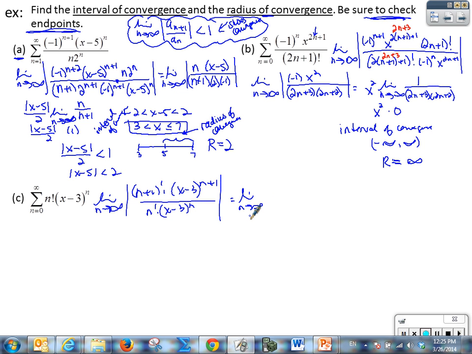Let's work on the factorials first. So I have n plus 1 factorial over n factorial. What is that going to simplify to? Just to n plus 1, right? And let's work on the x minus 3 terms. I have an x minus 3 to the n in the denominator and x minus 3 to the n plus 1. What's that going to simplify to? X minus 3 in the numerator.